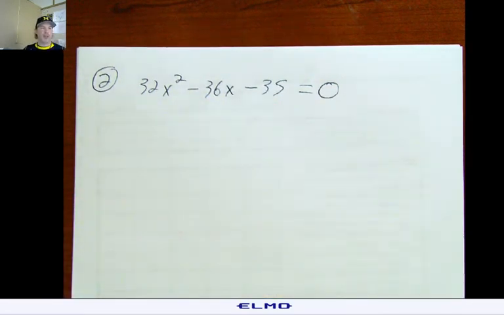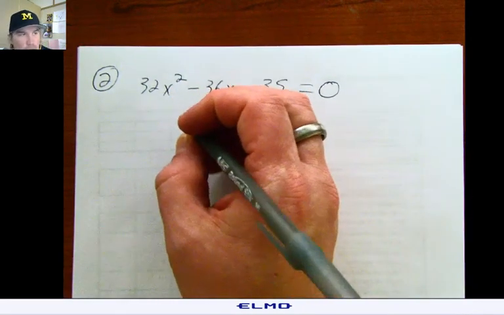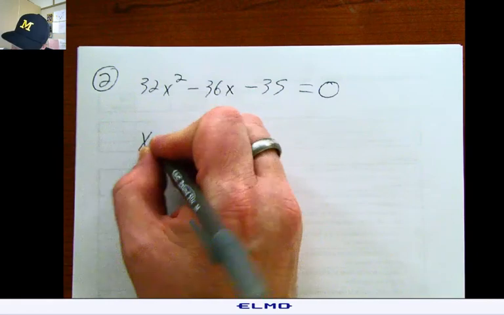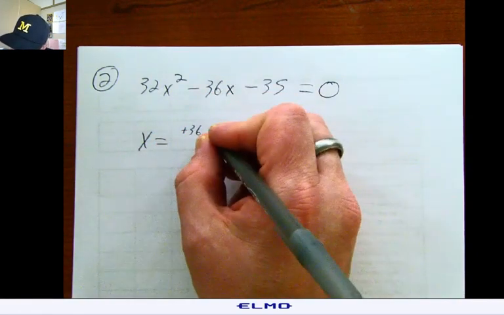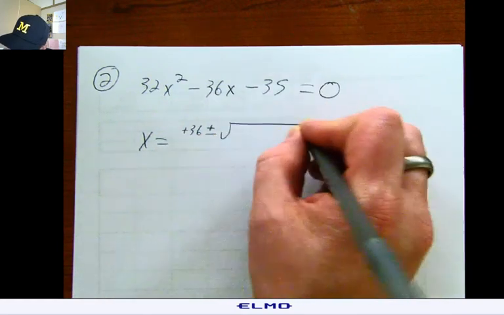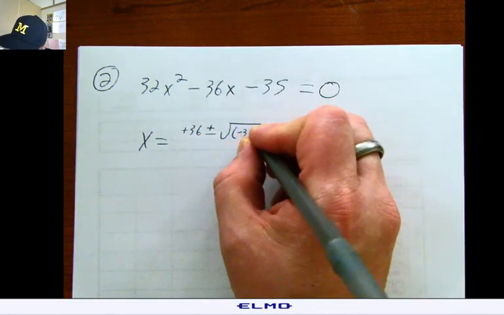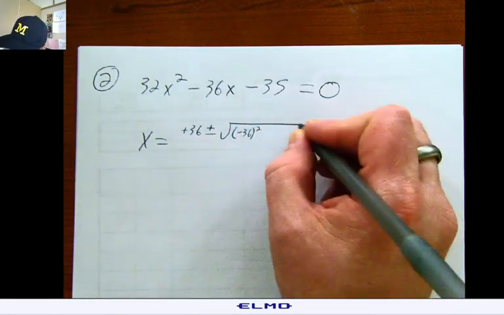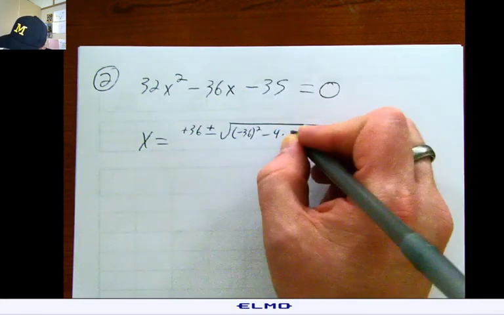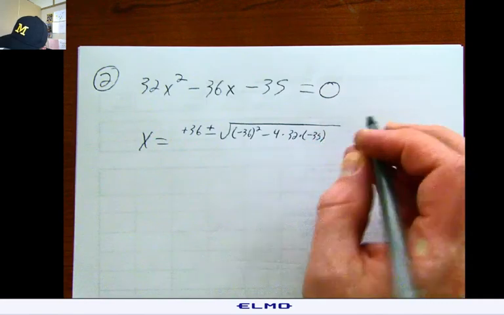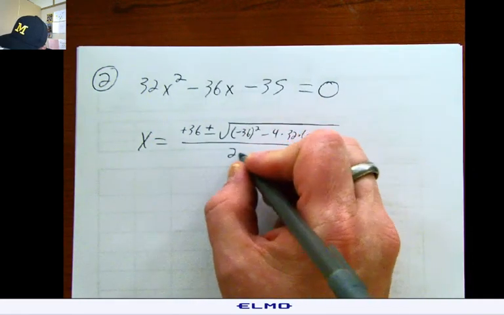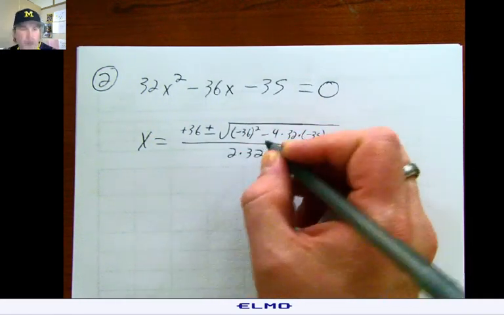Those numbers are way too big. I'm just going to use quadratic formula. Factoring looks too hard. x equals negative b, so positive 36, plus or minus the square root of negative 36 quantity squared, minus 4 times 32 times negative 35, all over 2 times a, so 2 times 32.